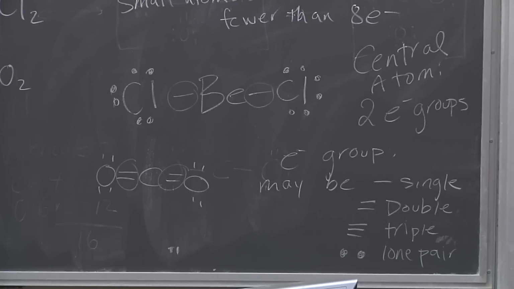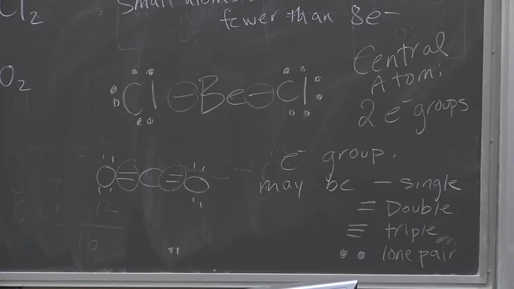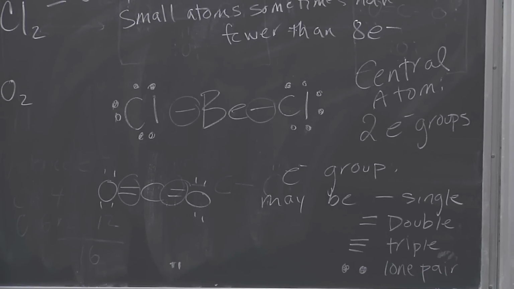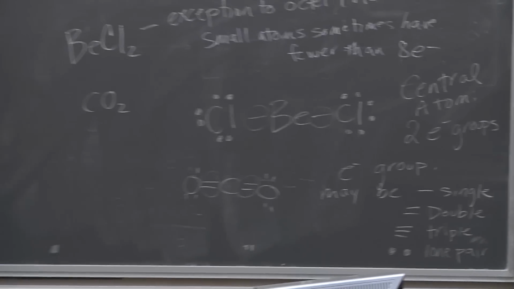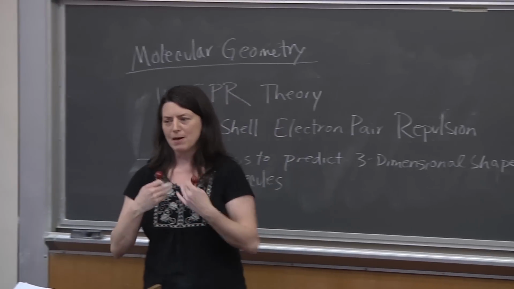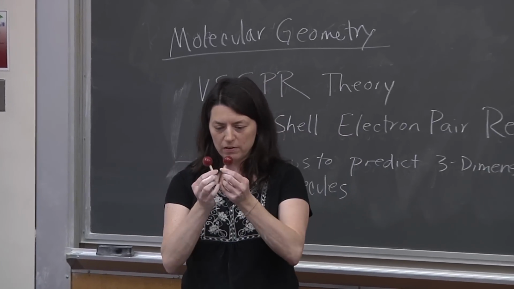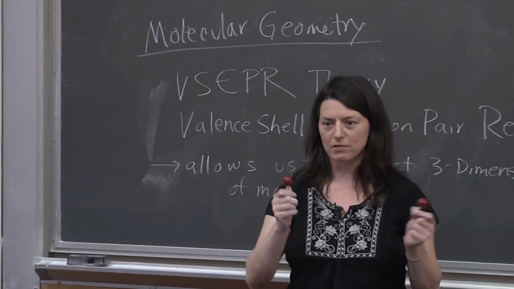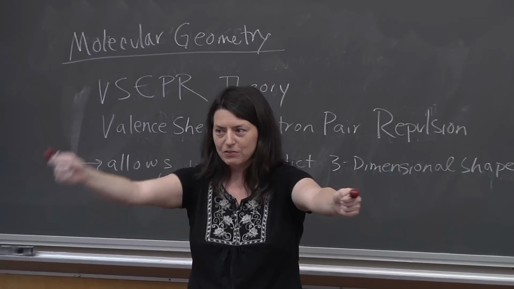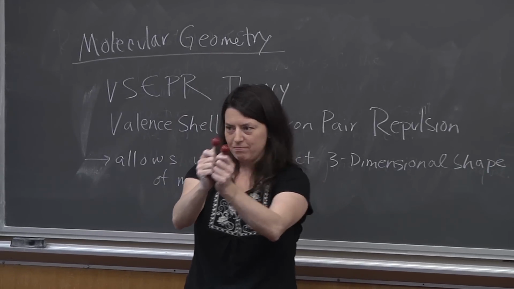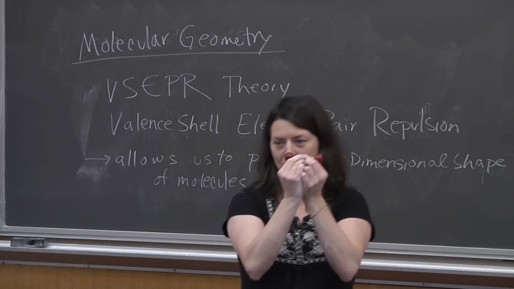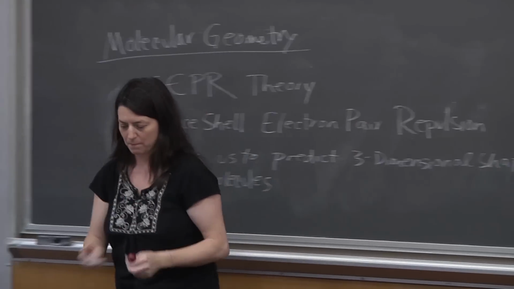Okay, so if I have 2 electron groups, you know that electrons repel each other. So here's my two oxygens here. Let's say I'm the carbon. What's the best situation to keep these electrons as far apart from each other as possible? To be in a straight line, right? If I bring them any closer in any direction, that's not the best case scenario. The best thing is to put them 180 degrees, exactly opposite of each other.